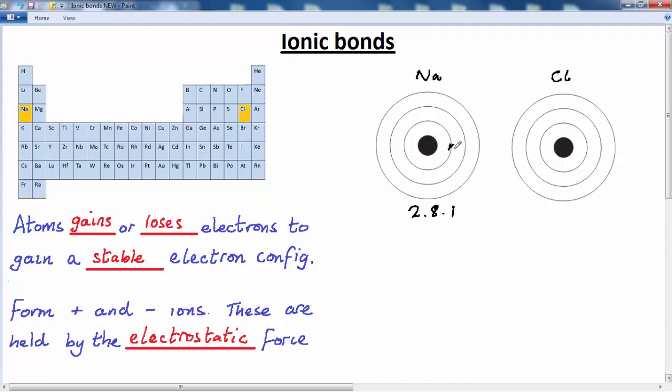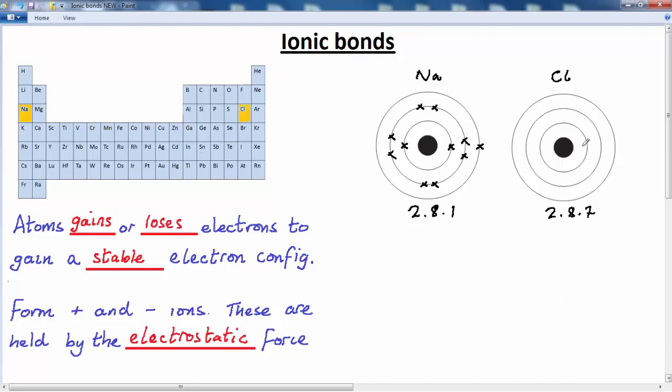So we'll have 2 electrons in the first shell, and then 8 in the second shell, and in the outer shell we've got 1 electron. What sodium wants to do is get rid of this electron in order to get a stable configuration.